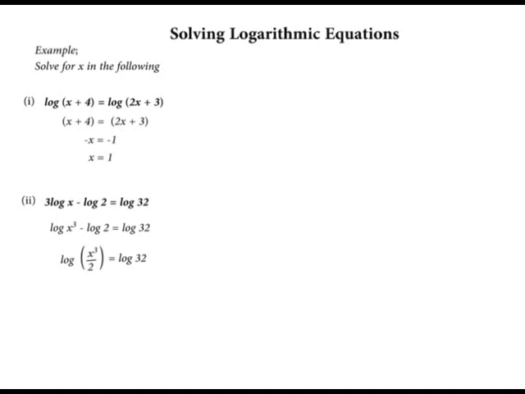We ignore the logs and shall have x raised to power 3 over 2 is equal to 32. Cross multiplication, x raised to power 3 is equal to 64. Find the cube root of either side and x is equal to 4. Again, not that bad.